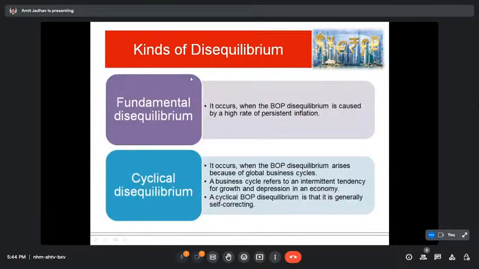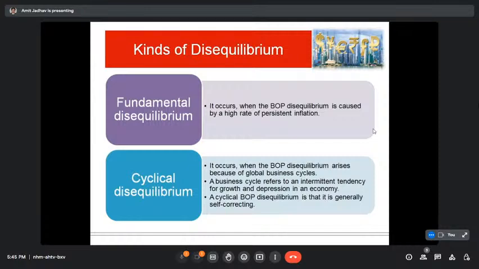Next, we have the kinds of disequilibrium. What are the kinds of disequilibrium? Basically, we have two kinds: first, the fundamental disequilibrium, and another, the cyclical disequilibrium. The fundamental disequilibrium occurs when the BOP disequilibrium is caused by a high rate of inflation in the domestic market.